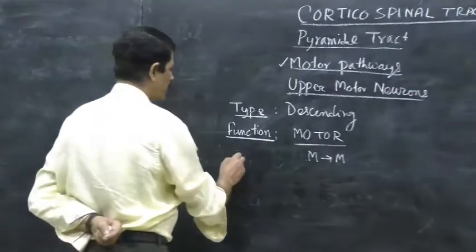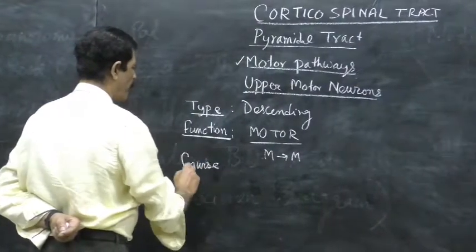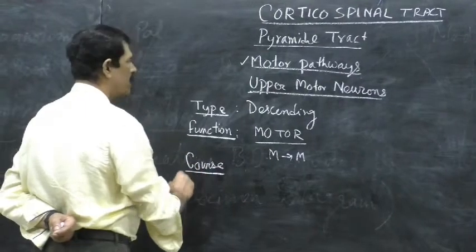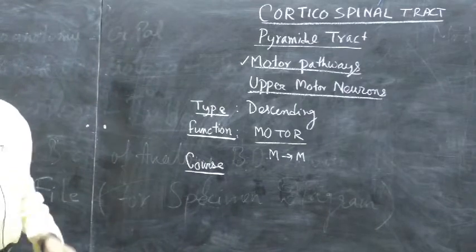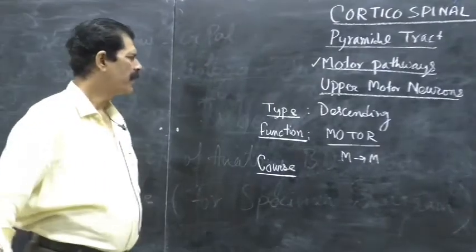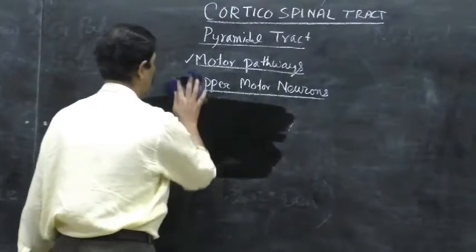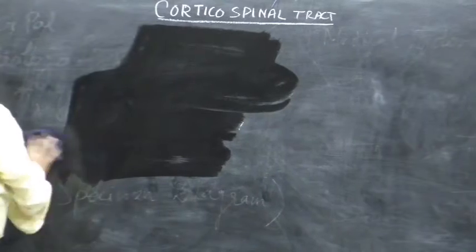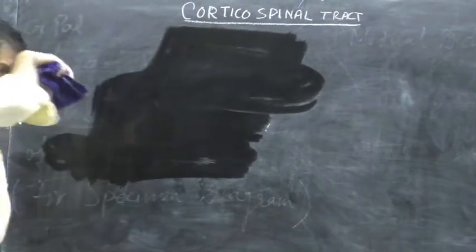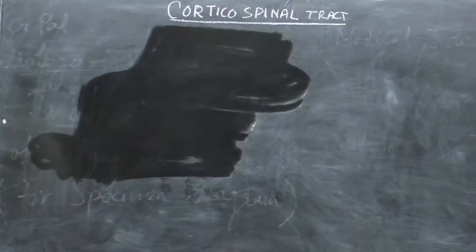So now the next heading is the course. How they start from the cortex and where they terminate in the spinal cord, that we have to do, the course of this. They start from the cortex, and cortex means the cerebral cortex.